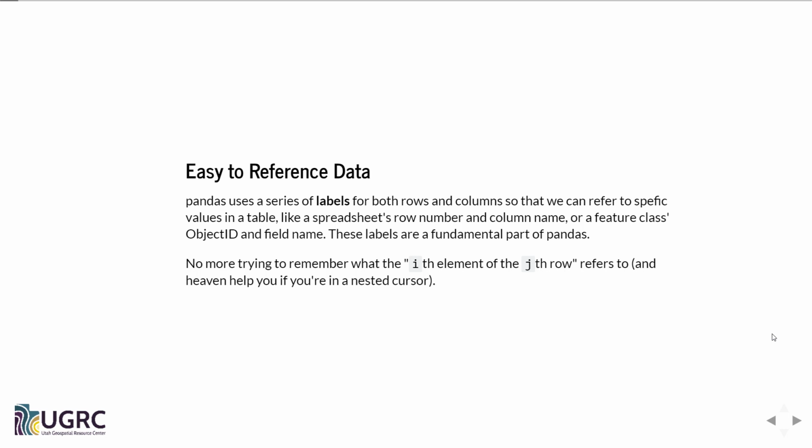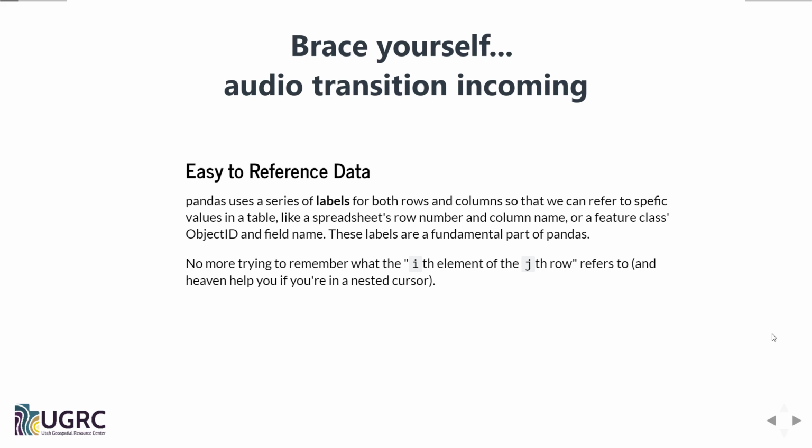It just gets really nasty. Pandas makes this easy by assigning every row and every column a label, a human or machine readable value that you can use to reference the individual data. This makes it really easy to get at individual rows, individual columns, or even individual elements of your data.